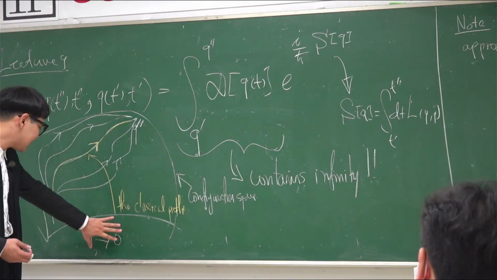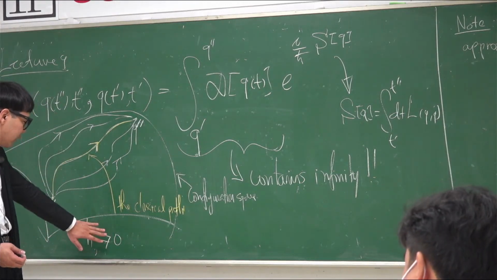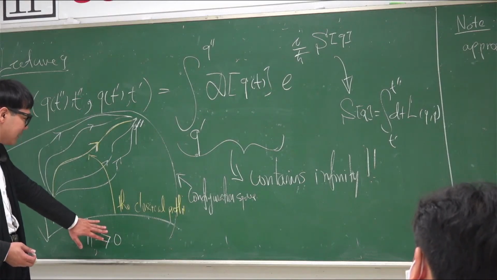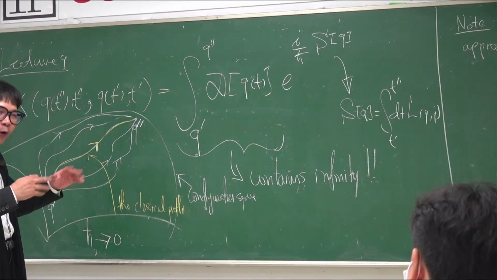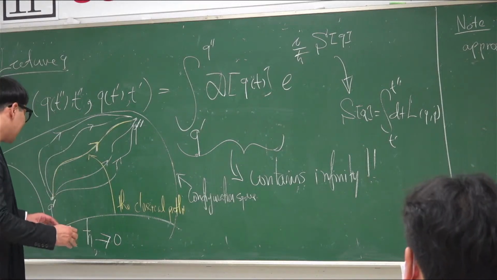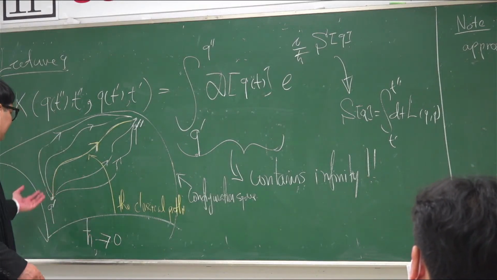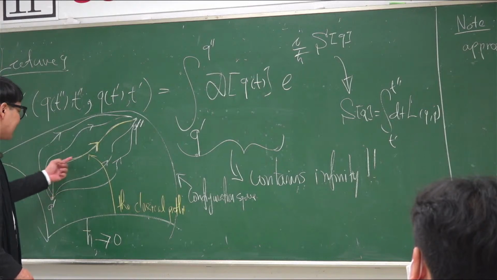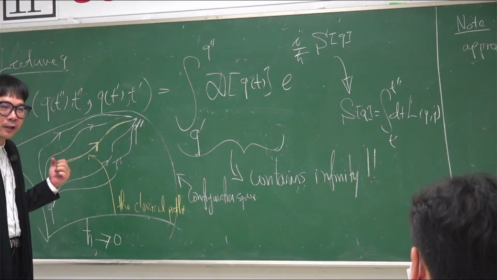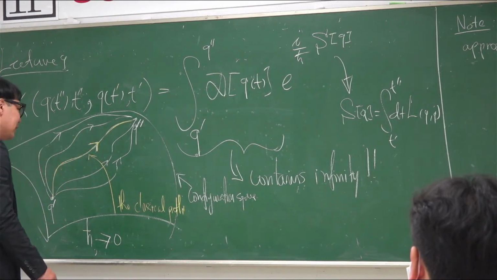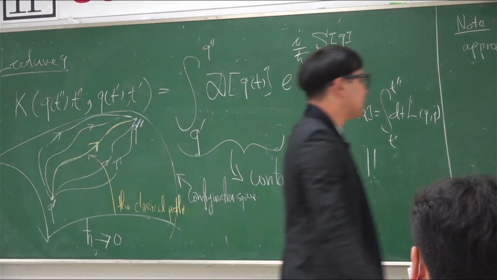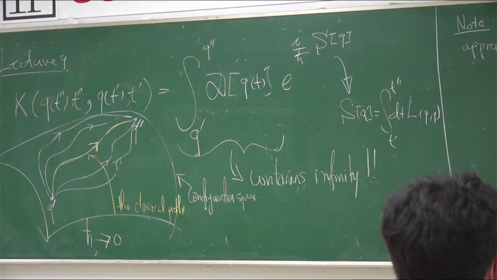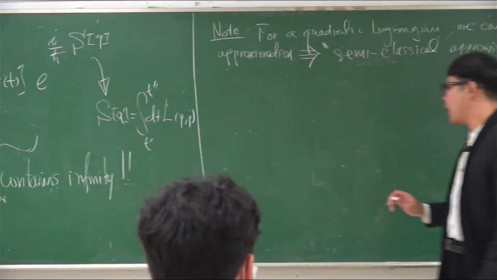Taking this limit means you try to switch off all the quantum effects, so in the end the classical path will be the only path of your system.